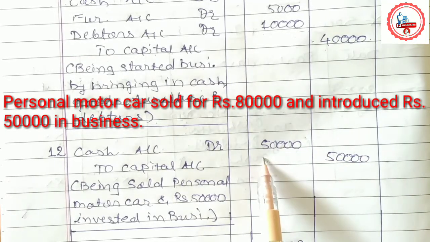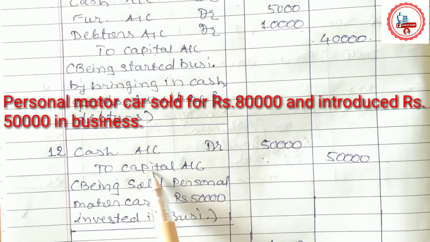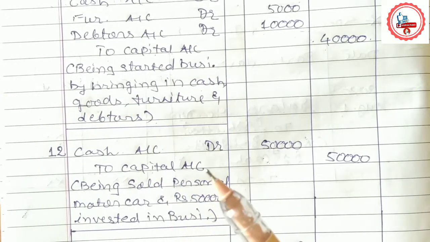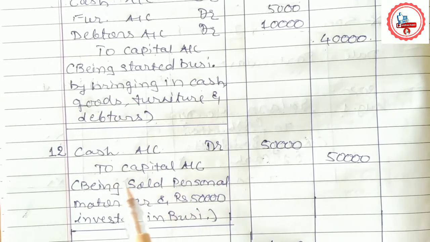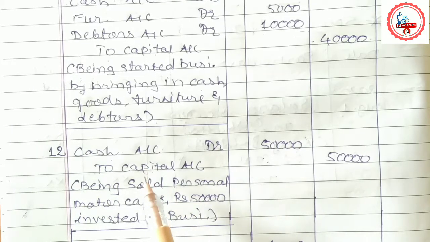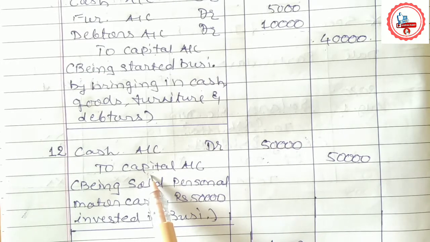Such amount of 50,000 has been brought into the business by way of cash. Who brought cash into the business? Shubham. Who is Shubham? Shubham is the owner. Whenever the owner brings anything into the business, that is called capital. So the journal entry would be: cash comes in, owner is the giver. Once again, instead of owner, we are supposed to record capital.